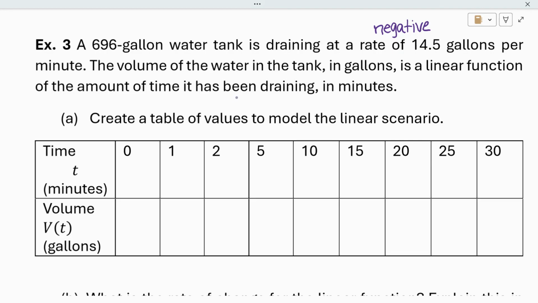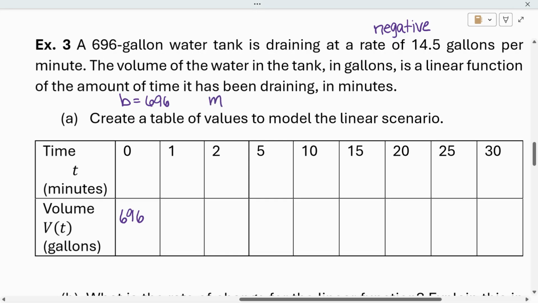Well, I want you to go to your calculator and let's start with this. When the time is 0, when we first begin, how much water is in the tank? Well, there's 696 gallons of water in the tank. That's our b value. That's our beginning value. So b equals 696. And we know that because we know when x is 0, that's when we have our y-intercept.